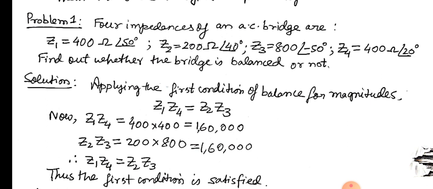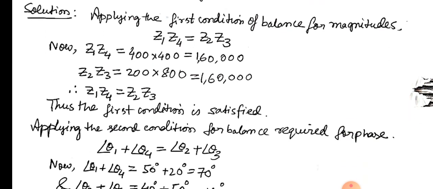Just applying the first condition of balance for polar form, which is Z1 Z4 equals Z2 Z3, we just put in the values, and we can see that the product of Z1 and Z4 is equal to the product of Z2 and Z3. Thus the first condition is satisfied. But is this enough for considering the bridge balanced or not?